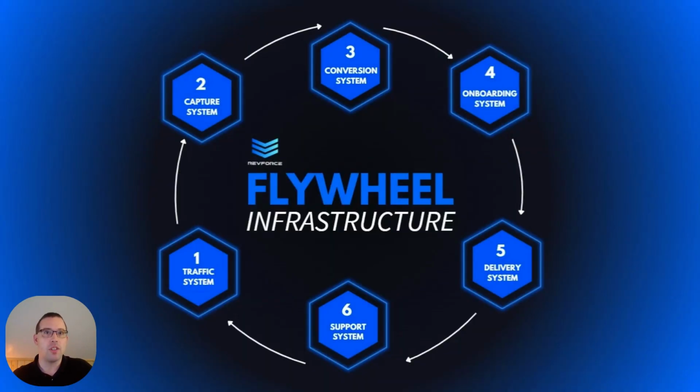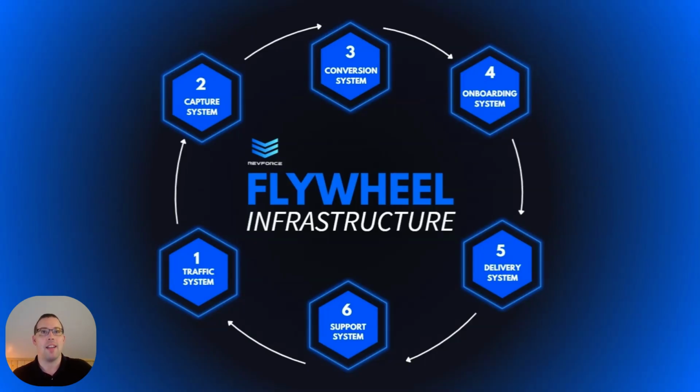Enter the RevForce Flywheel infrastructure. This is the framework we use to plan, explain, and implement any business system, especially for hybrid technology stacks like Go HighLevel and Jobber. We break every business down into 6 systems.